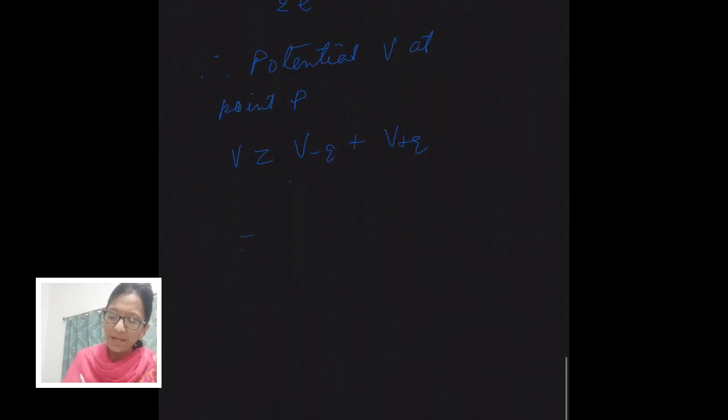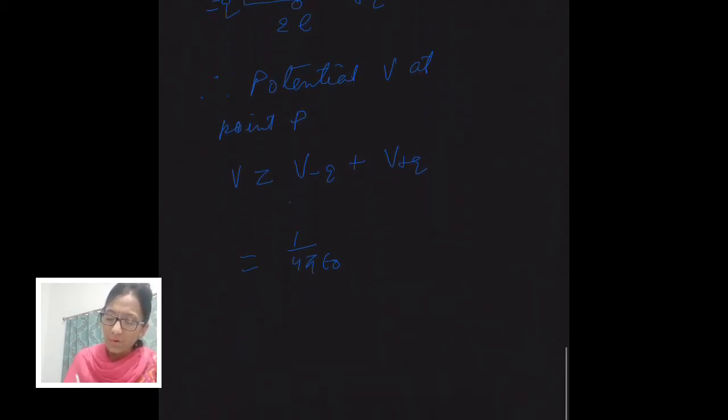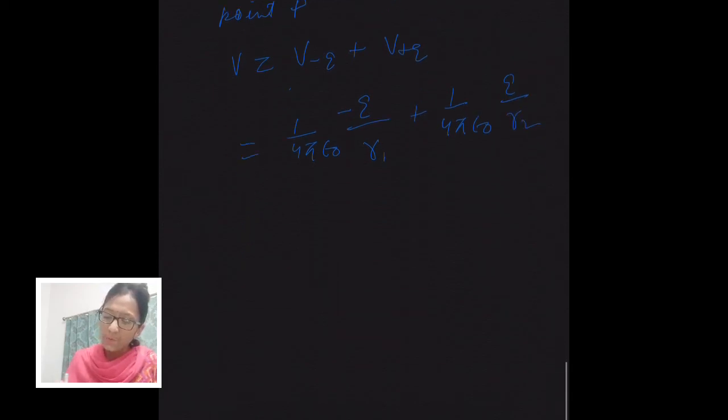So let me write, it is equal to 1 upon 4 pi epsilon naught, minus q upon r1, and plus 1 upon 4 pi epsilon naught q upon r2.